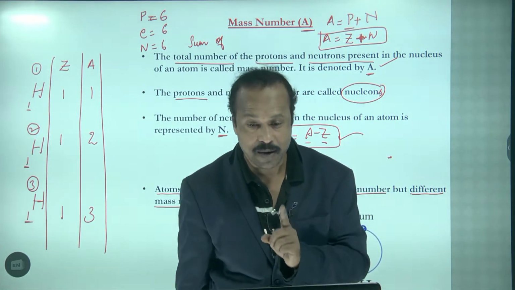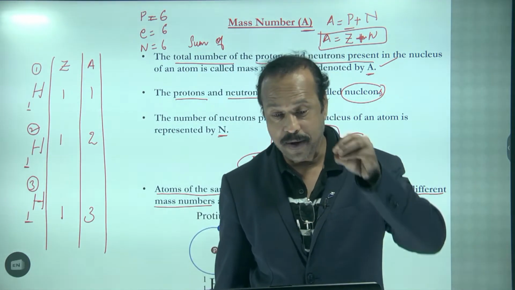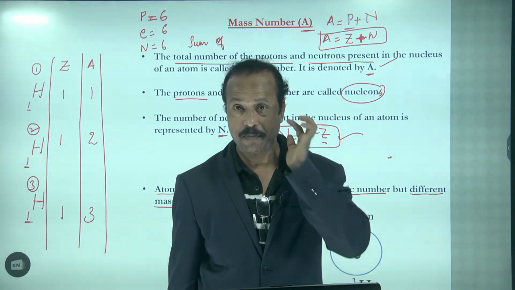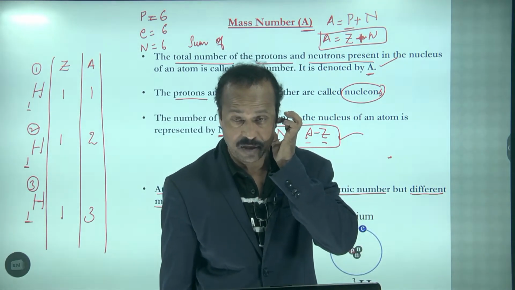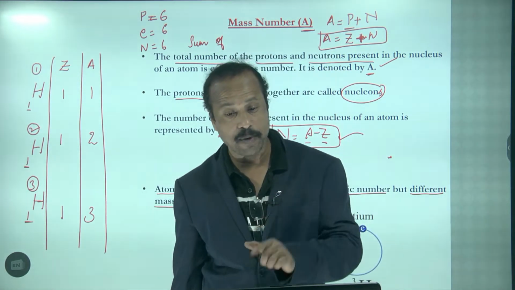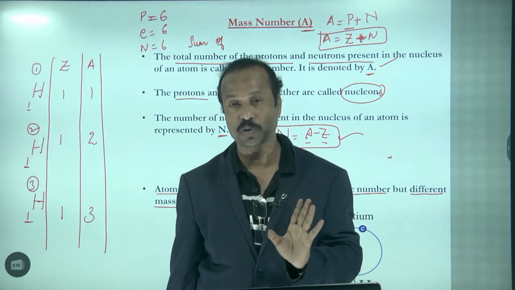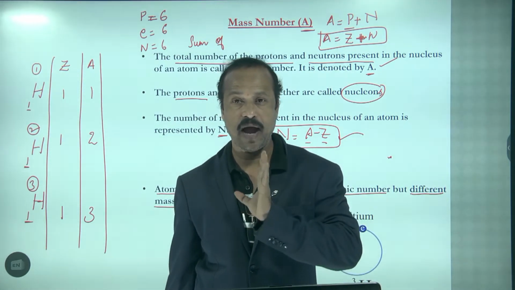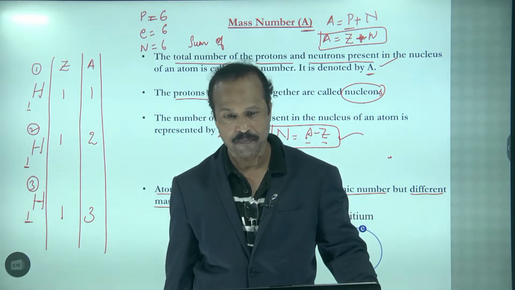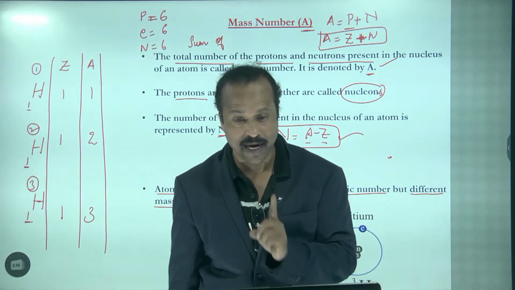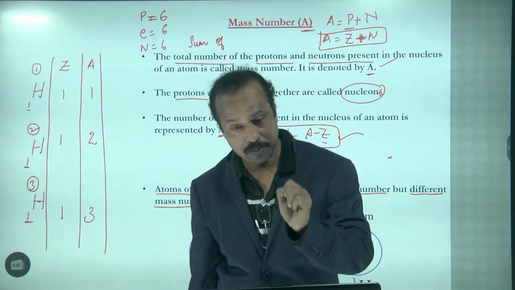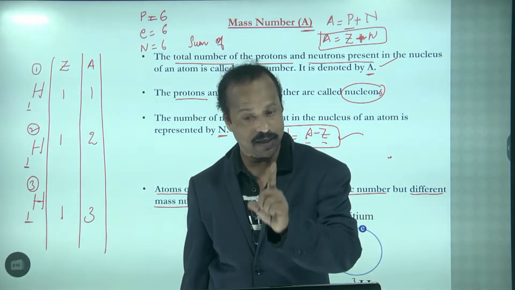The chemical properties of the elements depend on the number of protons. One element is identified by its number of protons only. I told you, if 8 protons are there, that is definitely oxygen. So an element is identified by its atomic number, and atomic number is nothing but the number of protons.